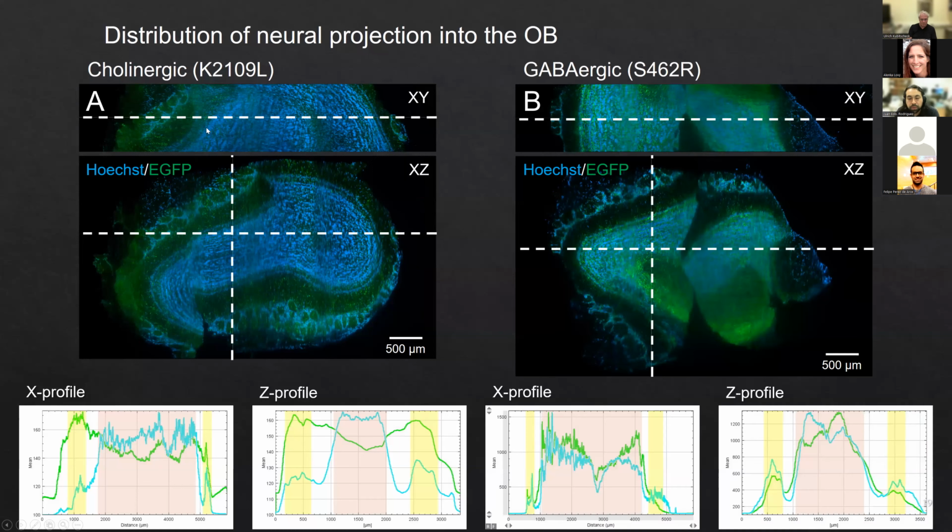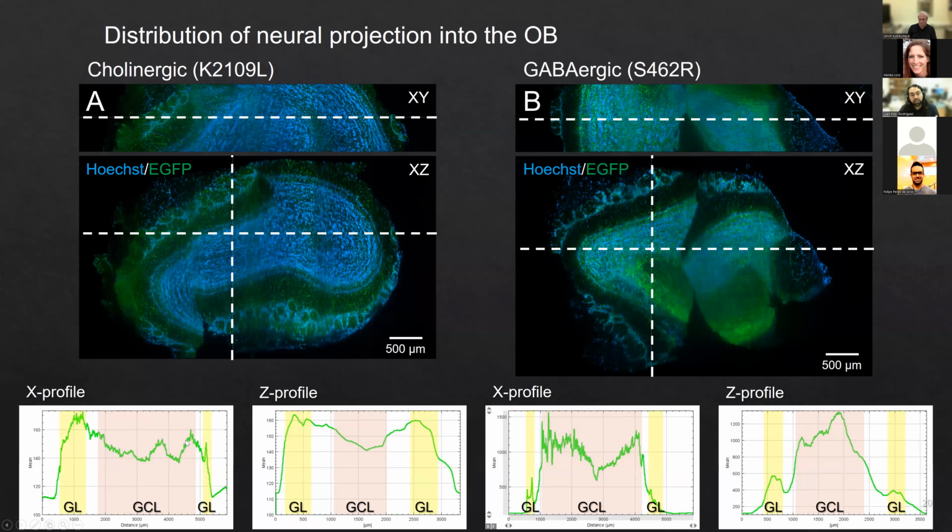And we did the same with the GABAergic just to show a difference, right? So we can see that cholinergic neurons located in the HDV are sending most of the projections into the glomerular cell layer.